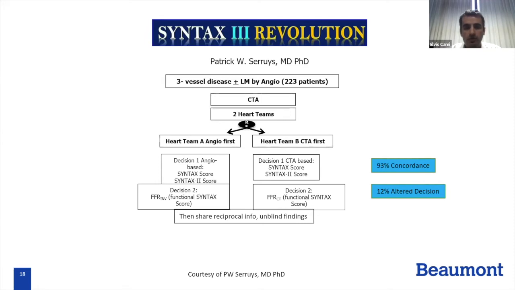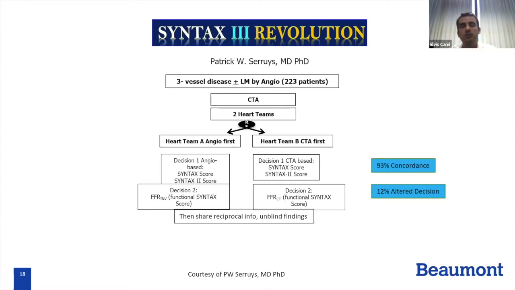And there was a trial that was done in Europe about a year ago where they had two teams. Each team was composed of a surgeon, cardiologist, and an imager. And the teams were kept separate. And the teams reviewed a patient's cath and invasive FFR and then made a decision as to what needs to be done.